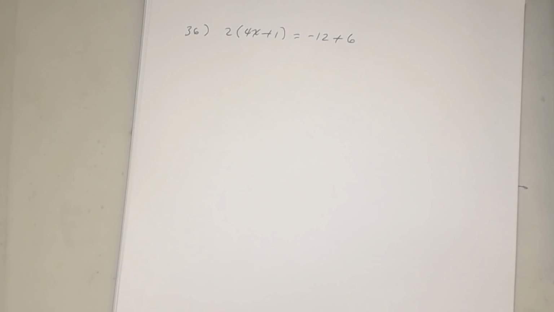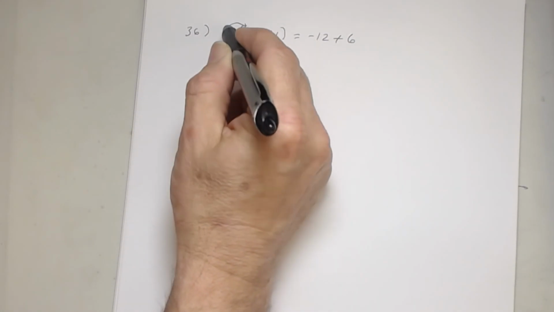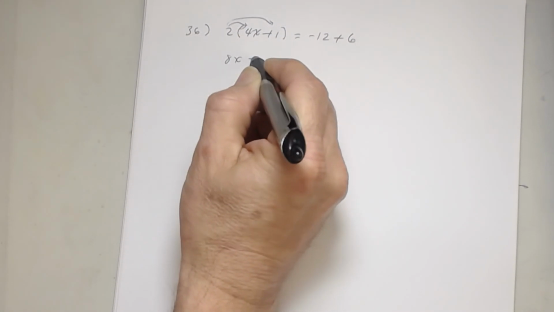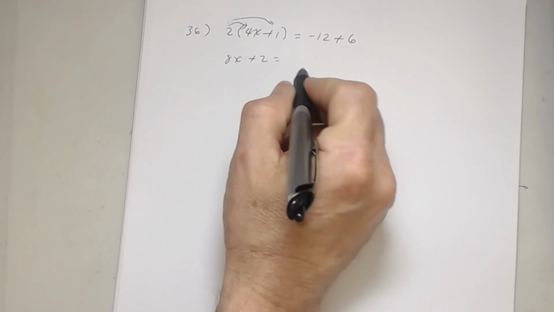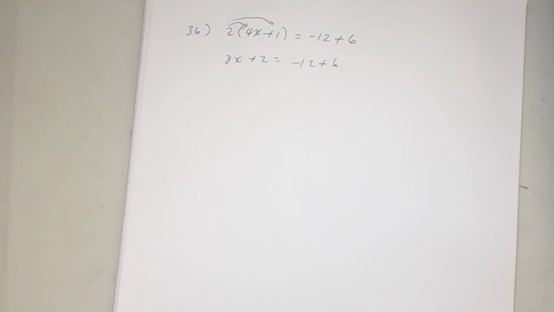You have 2 times 4x plus 1 equals -12 plus 6. What's the first step you're going to do? You got parentheses there, distribute. So what do I get on this side? 8x plus 2 equals, I'm going to just go ahead and rewrite the other side. So all I did was use the distributive property and rewrote everything else.